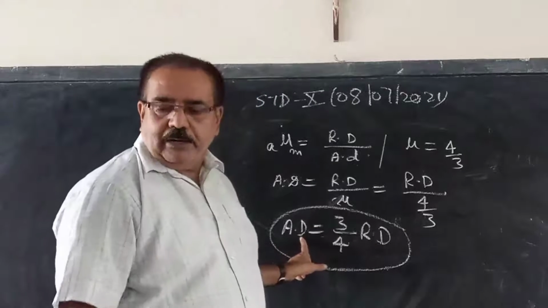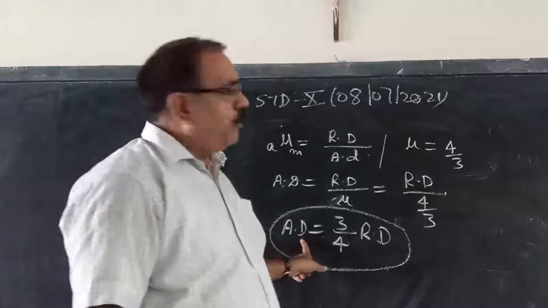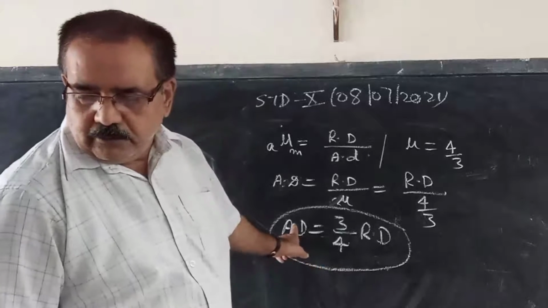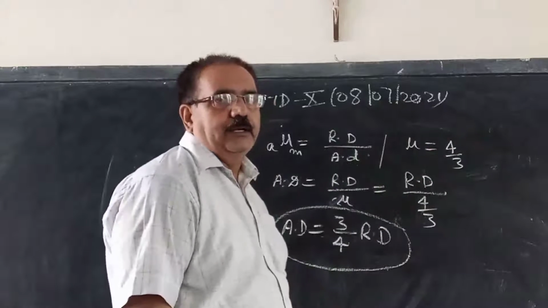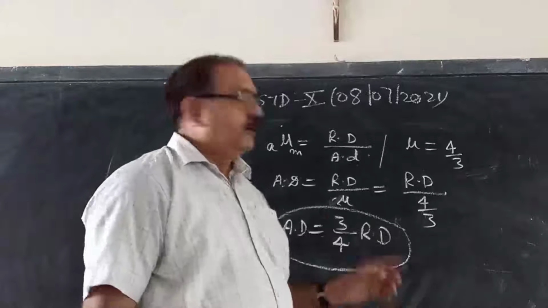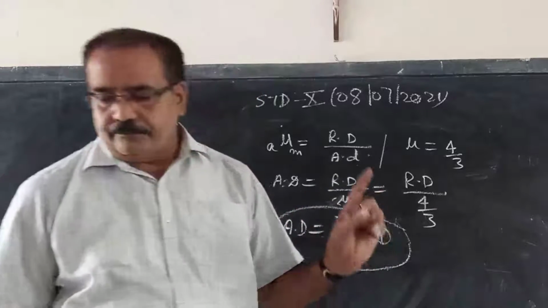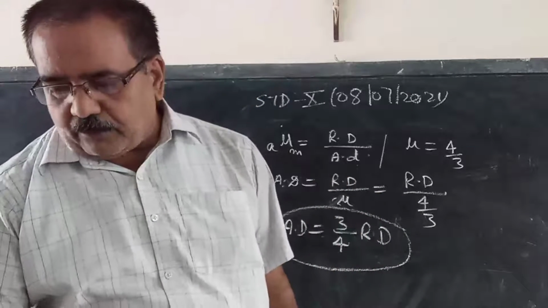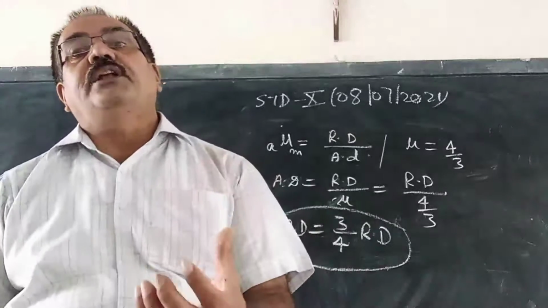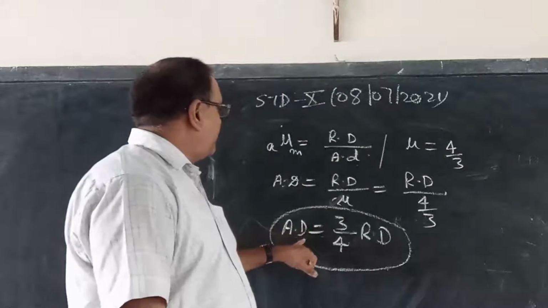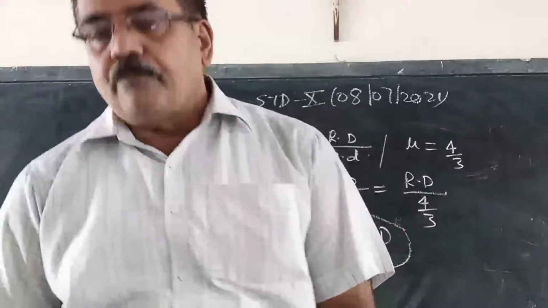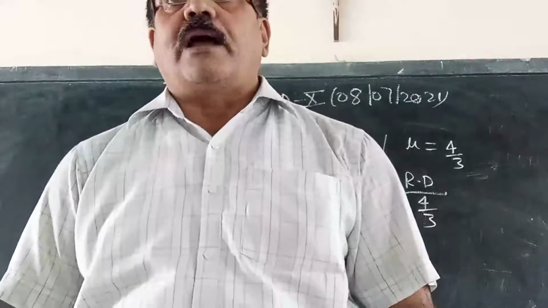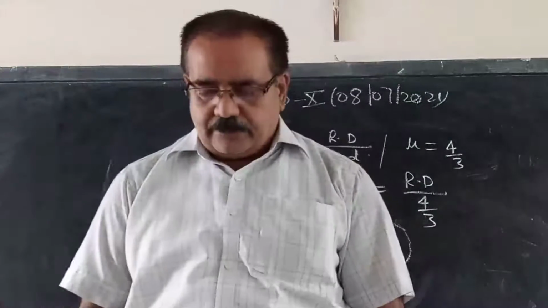The refractive index of water is 4 by 3. So what do we mean? The depth of the water pond appears to be 3/4 of the real depth. The question is: for water, refractive index 4 by 3 is given.